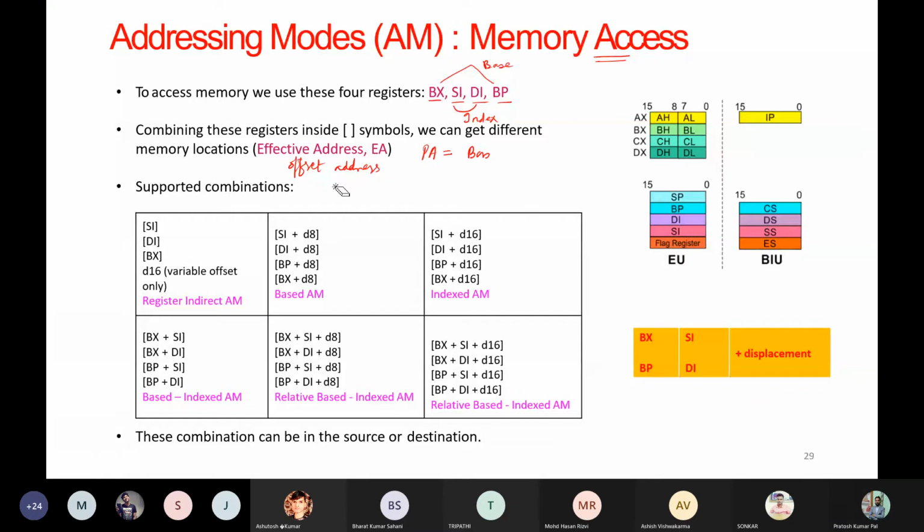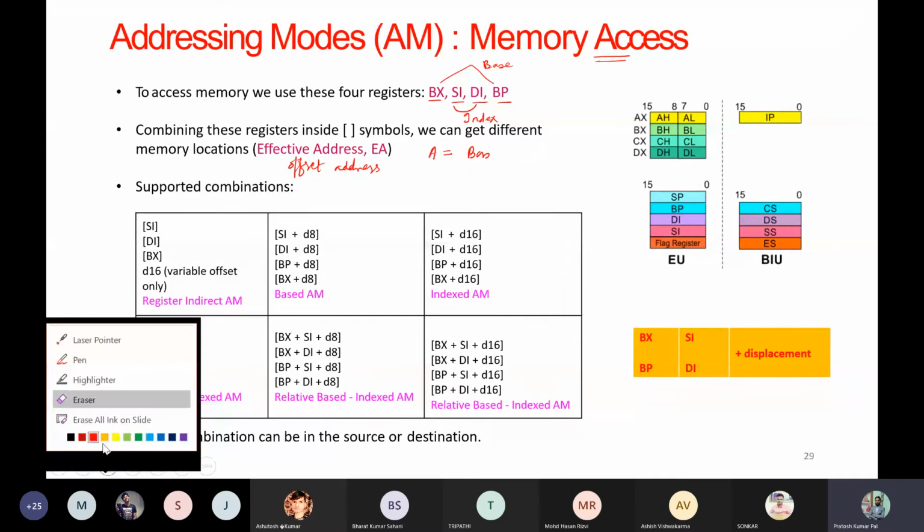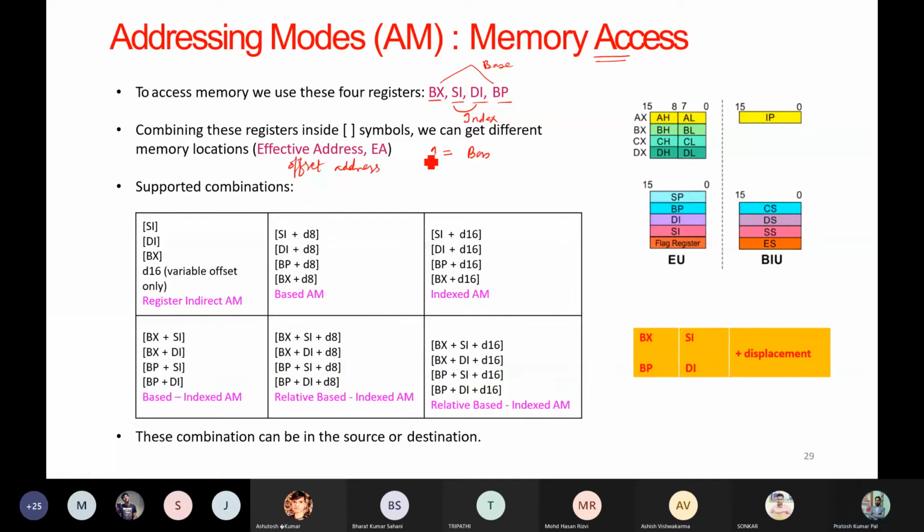Okay. So first of all, to find the physical address, we need to find out the offset, or we call it the effective address. So in the instructions, basically we give the value of the offset address. Okay. So whenever we are accessing data, the segment register will always be a data segment register.